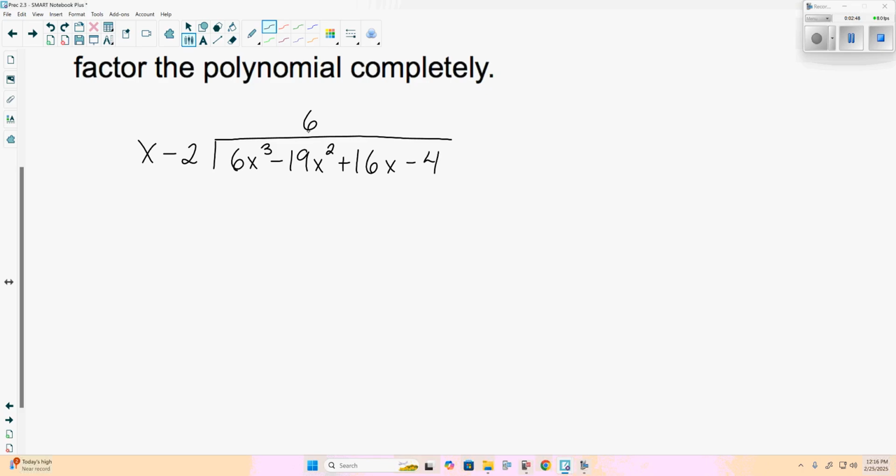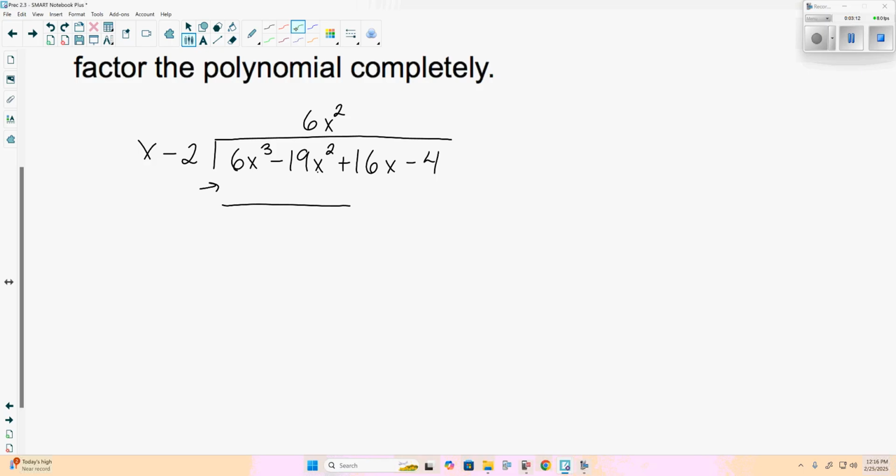And what do we need to multiply x by to get x cubed? Well, it would be x squared, because the goal is to get this first term down here to be 6x cubed. And that's where we get the 6x squared from.